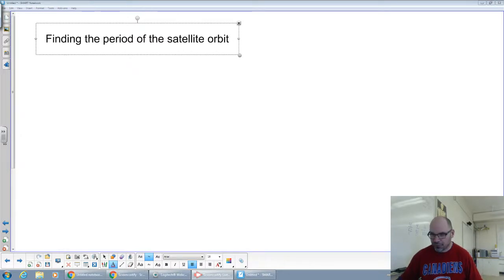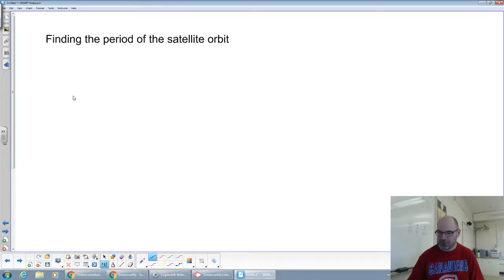All right, so I looked around a bit and decided that the derivation of this one's a bit more complex. It has some geometry in it, but just to give you an idea, the acceleration in orbit can be written in a circle. Okay, we've got v squared over r.